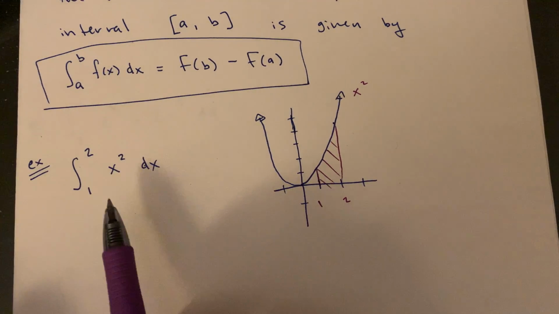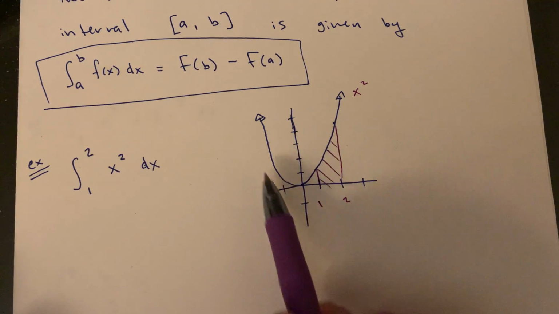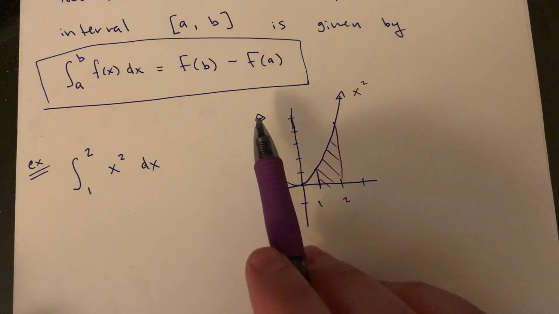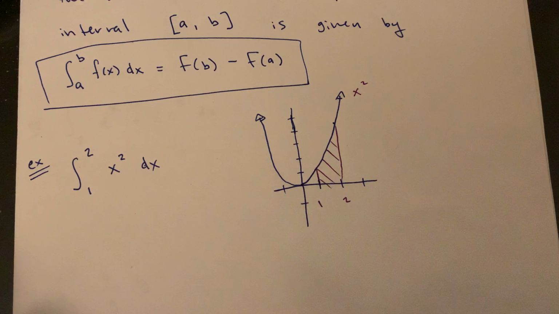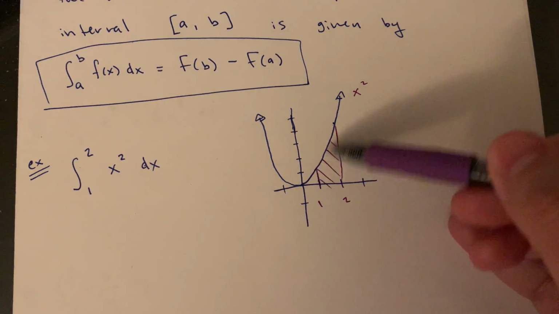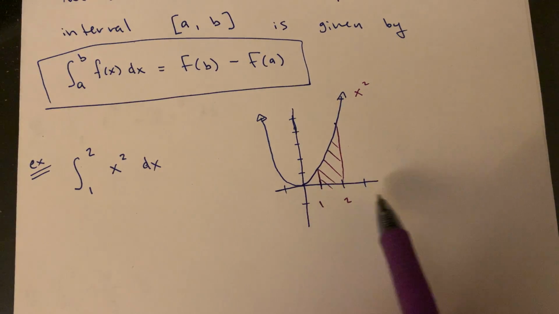Well, it gives us a picture of x squared. So we have our poorly drawn version of our standard parabola. And what this is giving us is the area under the curve. What that means really is the area between the curve and the x-axis.